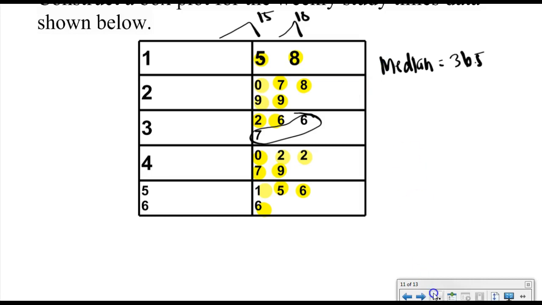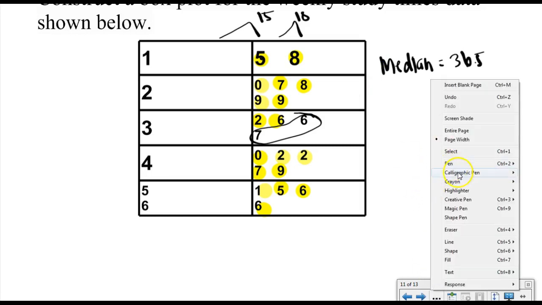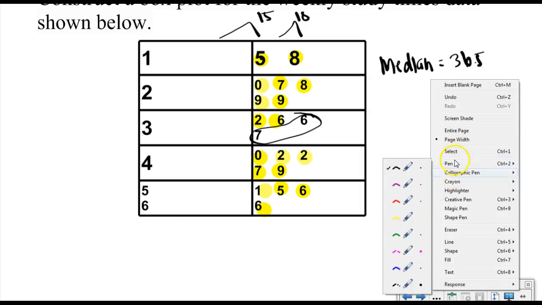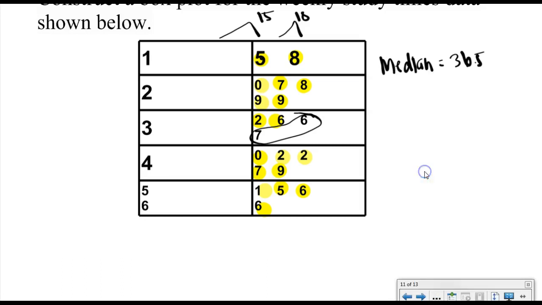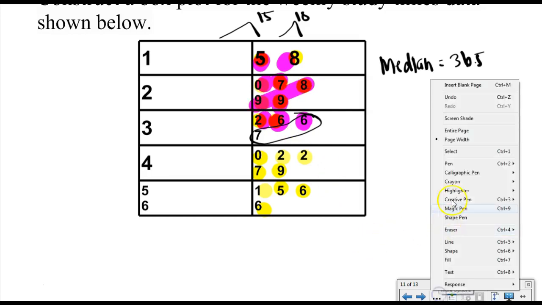And then I need to find my Q1 and Q3. So if this is my median, okay, 1, 2. So my Q1 is in between 28 and 29.